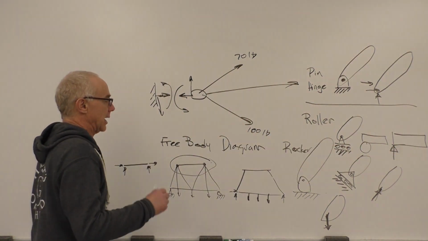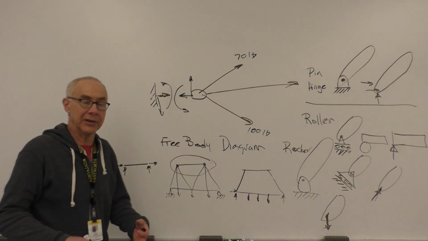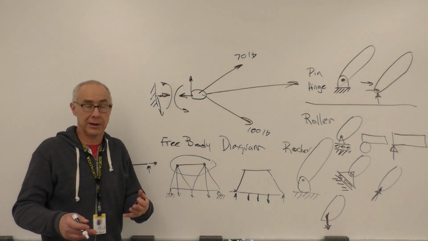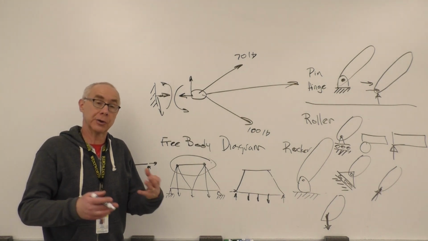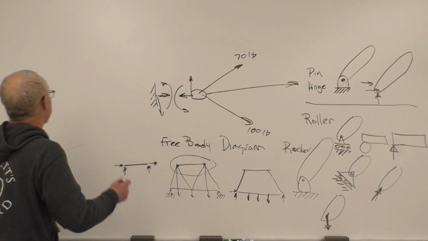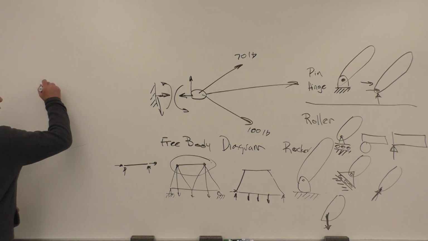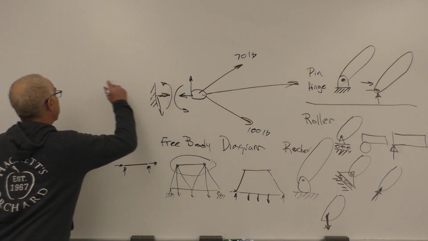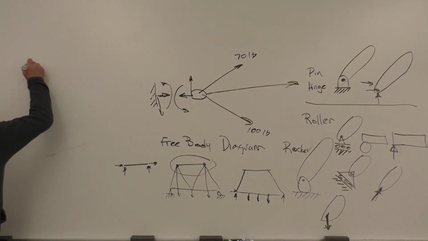There's one third kind that we'll talk about, and if there are any other types of supports, you should be able to look them up and learn more about them yourself. But the other one, and this is what we're looking at here, is called a fixed support.